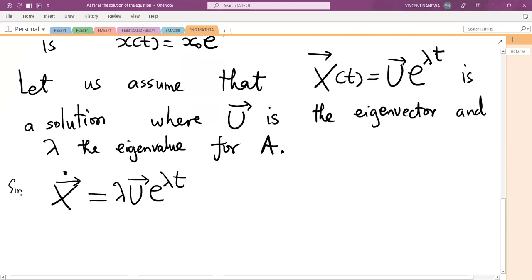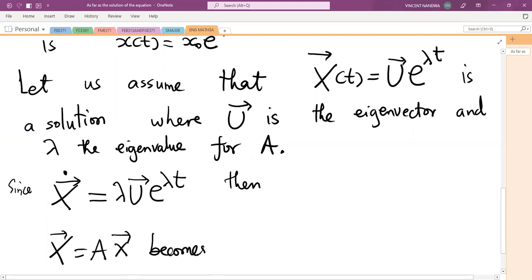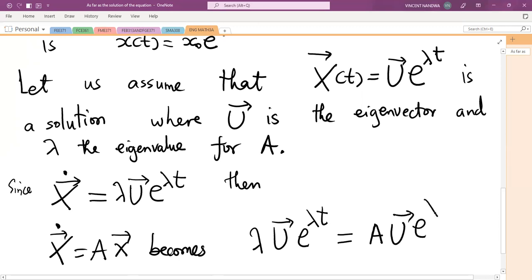Since x dot equals Ax, we replace x dot by this value, so lambda u e raised power lambda t equals A, and where x is, we put the assumed solution u e raised power lambda t.